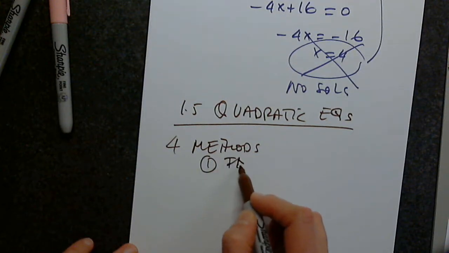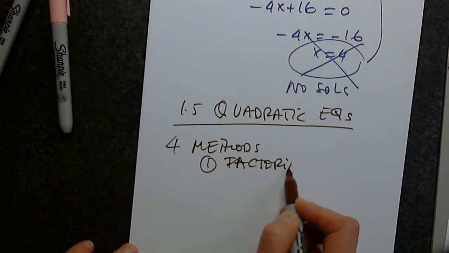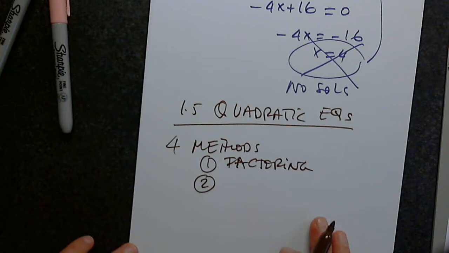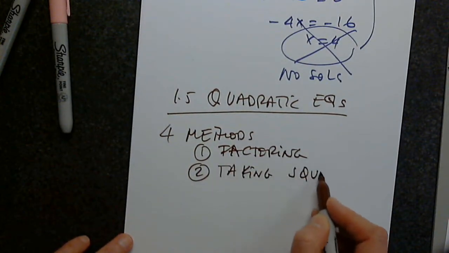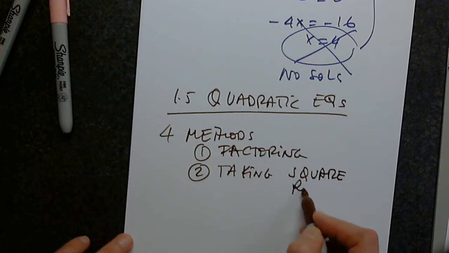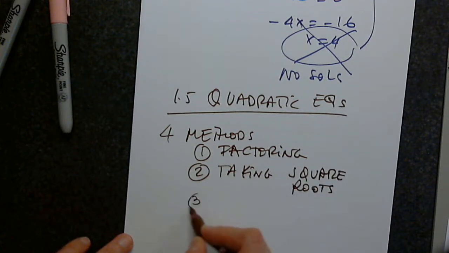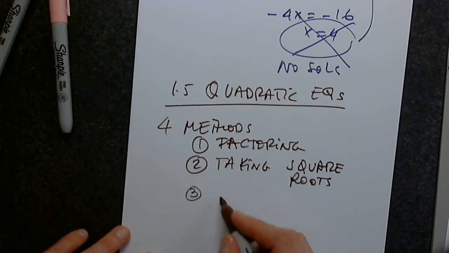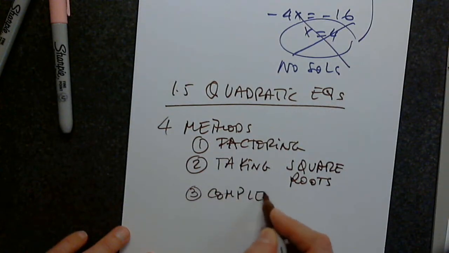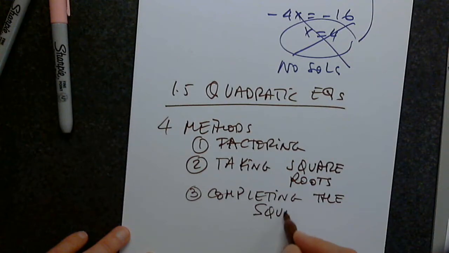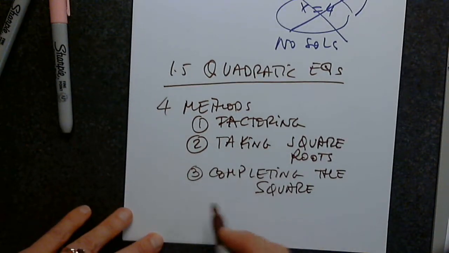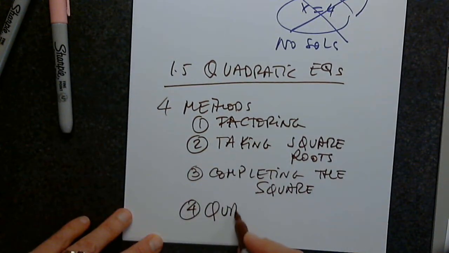Number 1, factoring. Number 2, taking square roots. Number 3, completing the square. And number 4, quadratic formula.